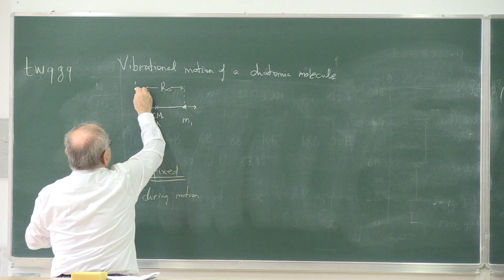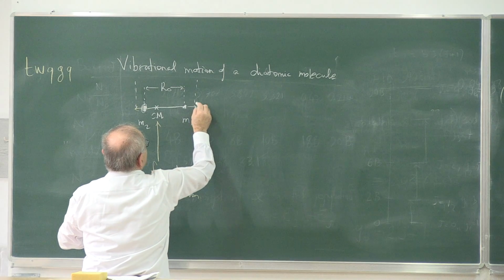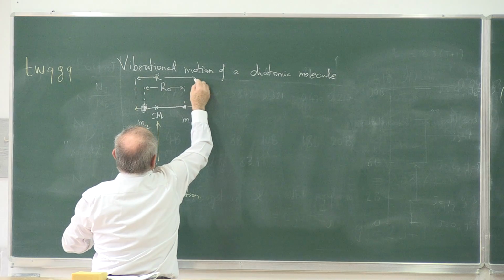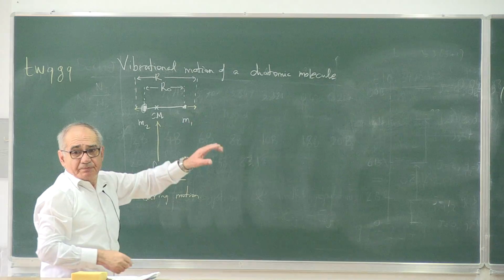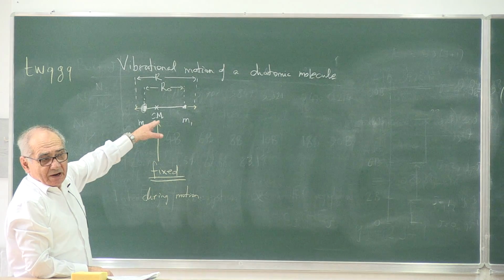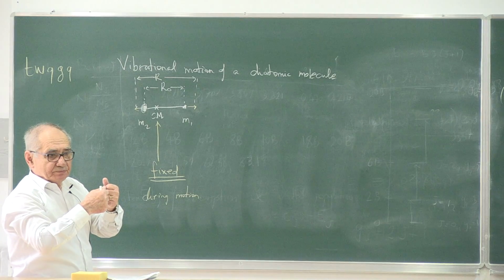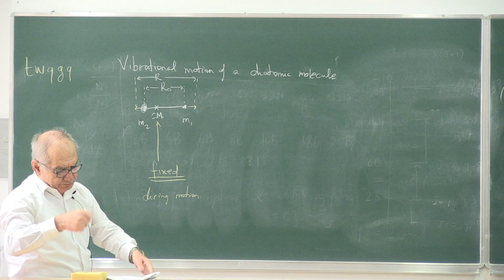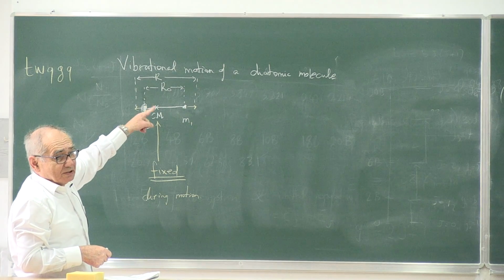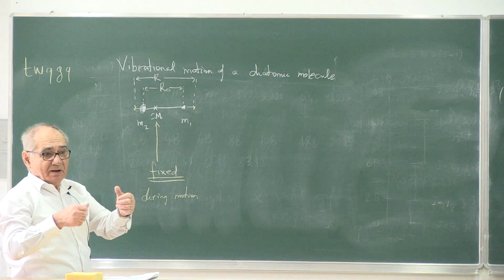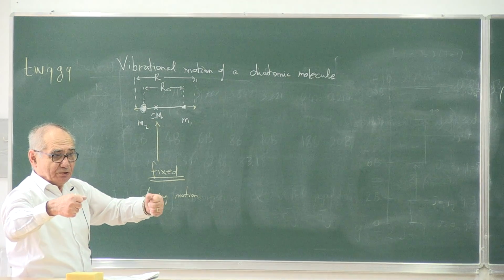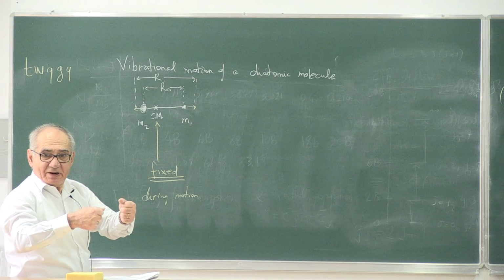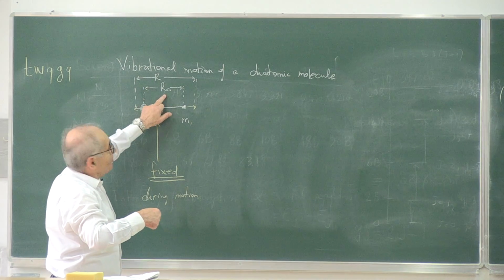So let us call this distance R. In this picture, because I have shown the extension, R is larger than R0, but please remember that there is a reverse motion also in which there is contraction, and in the contraction, this R will be smaller than R0.